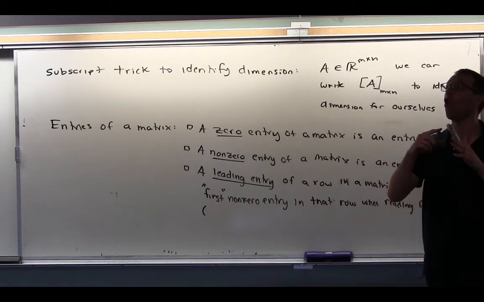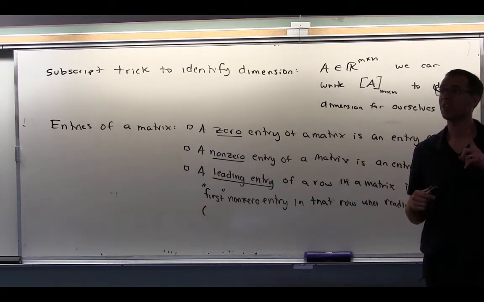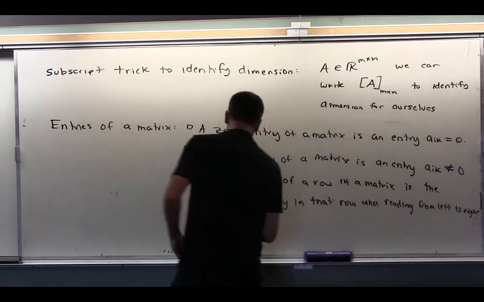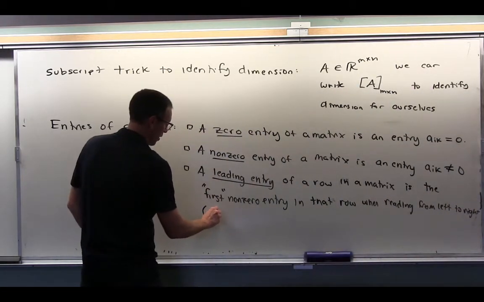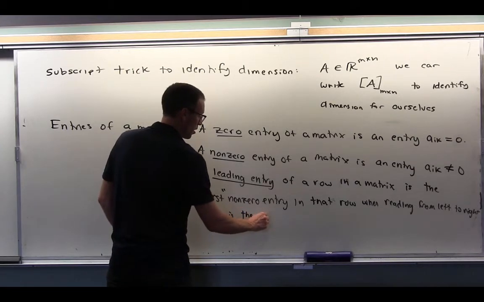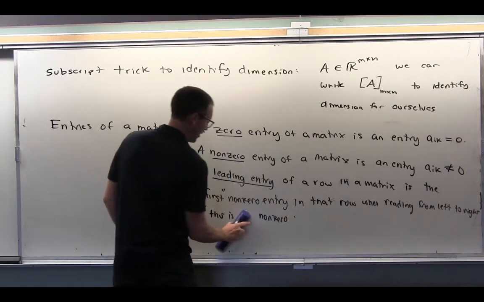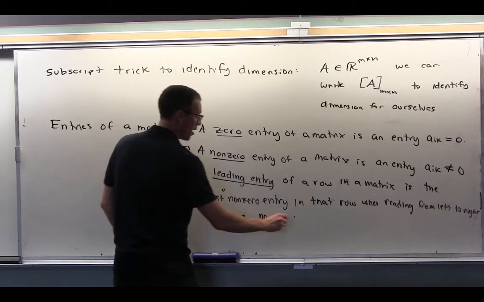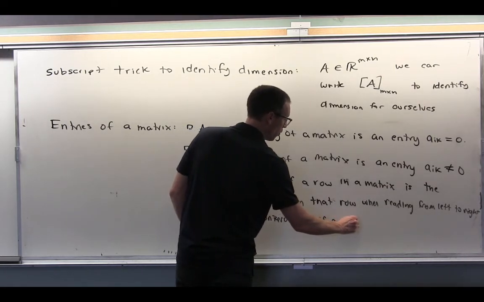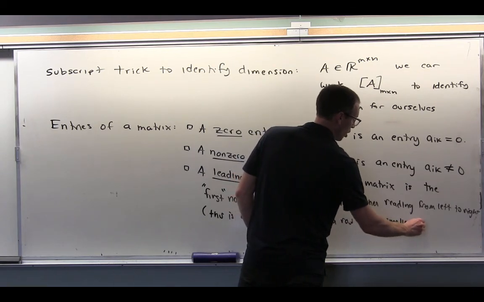Find, out of all non-zero entries, the one with the smallest column index. This is a non-zero entry of a row with smallest column index.